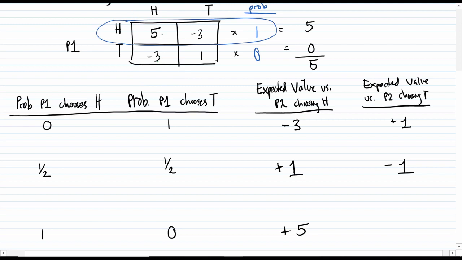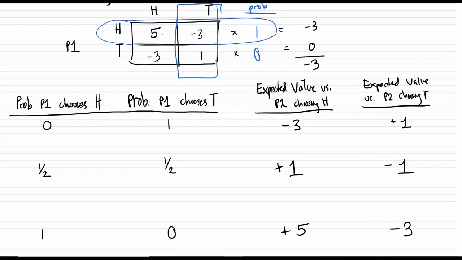And what's going to happen if player 2 chooses T? Well, again, my outcomes are going to be -3 and 1, but it's going to be -3 times 1, which is -3, and 1 times 0, because that'll never happen, so my expected outcome will be -3. And so if we just look at the examples that we've seen so far, this mixed strategy is kind of balancing out these big payoffs, right?